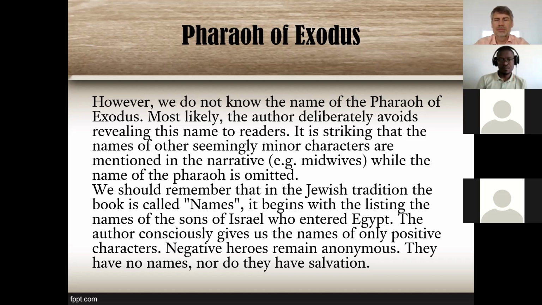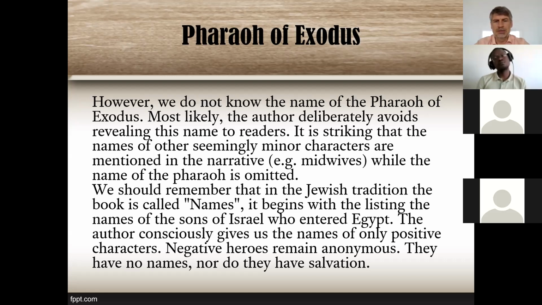Why? Do you see, in the first chapters of the book of Exodus, we can see the names of the people of Israel who came down to Egypt. And after that, in the first chapter, we can see that Pharaoh tries to kill the people of Israel because they are multiplying and they are very numerous. So he is afraid that the people of Israel can rebel against Pharaoh, and Pharaoh didn't want to have a problem.